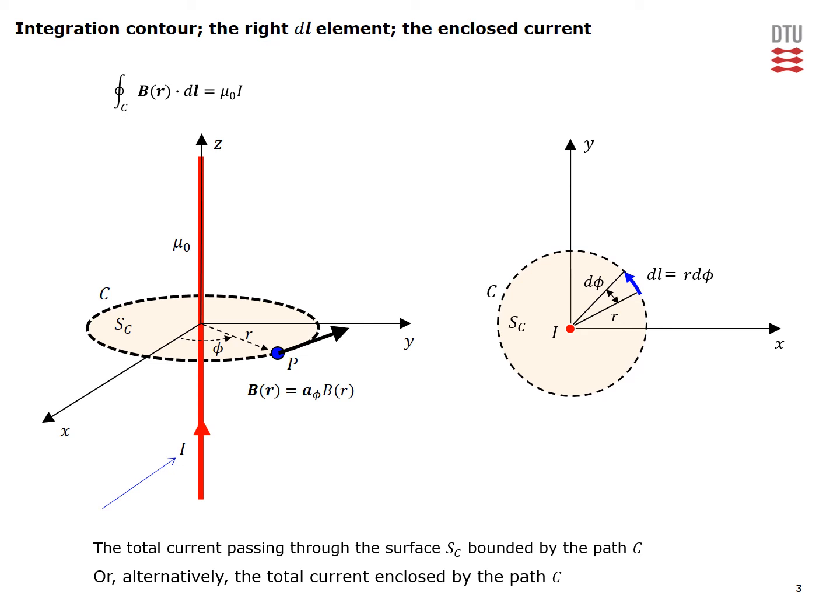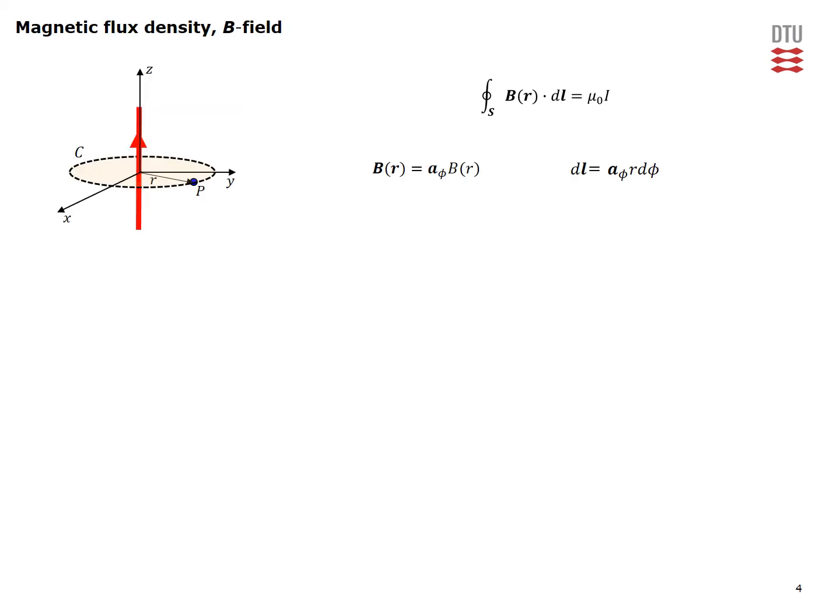So the radius of the integration contour is r, the increment in phi is d phi, so obviously the length of our arc here is r times d phi, and everything is in phi direction, so our dl will be given by the expression here. So now we have all the ingredients to actually use Ampere's law to determine the B field due to this current configuration. This is what we do here.